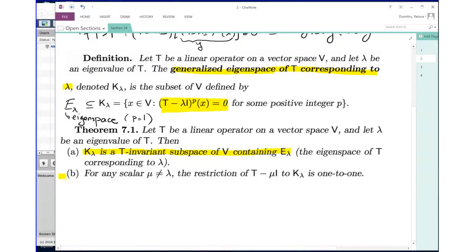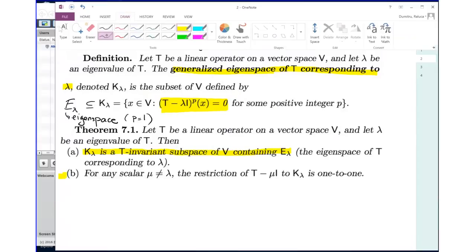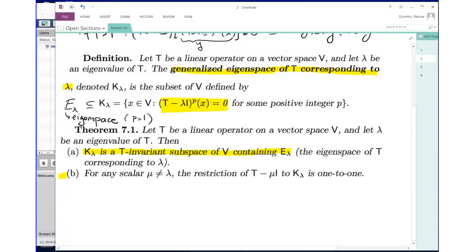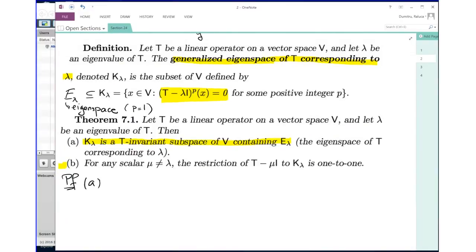Part B here is just a technical result that is needed in later proofs, so I wouldn't worry too much about that now. Okay. So K lambda is a subspace.